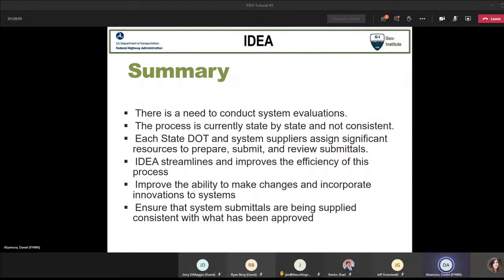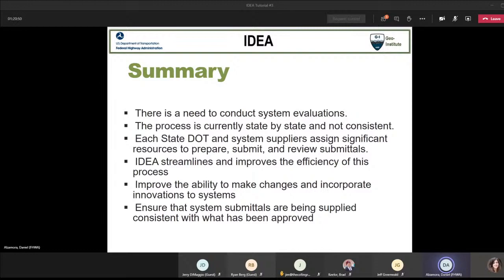So again, just trying to reduce our efforts across the country in something that we are all doing the same thing over and over again. It improves the ability to make changes and incorporate innovations into the system. It gives us an ability to improve what we do so that we can take advantage of all the research and all the innovations and all the good practices that the system suppliers bring into our practice.